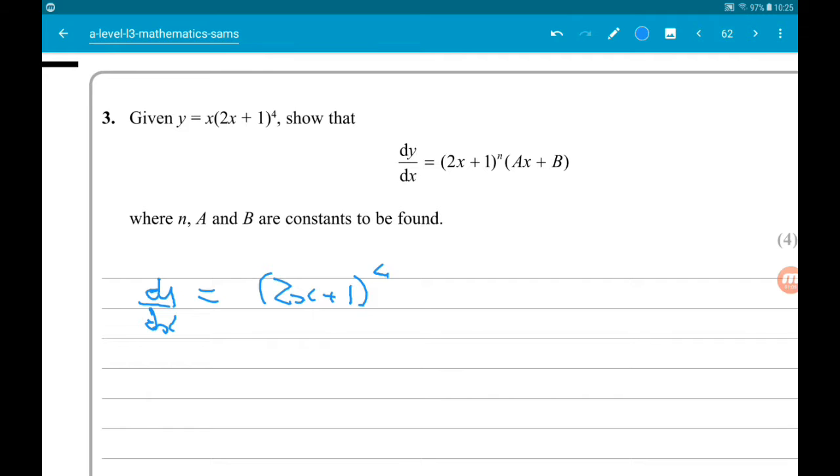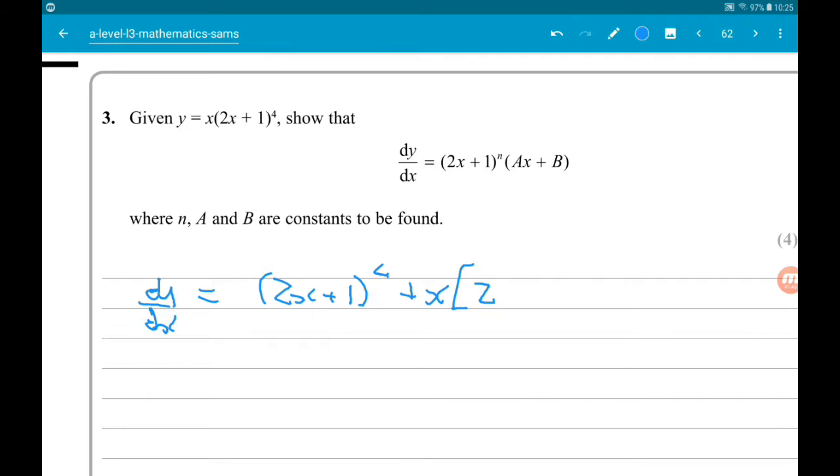Okay, now we're going to differentiate 2x add 1 to the power 4 and not x. So we're going to get add x. Now when we differentiate 2x add 1 to the power 4, we differentiate 2x add 1, which is 2. So we're going to get a 2 out of the front. And then we differentiate the bracket. So the power of 4 comes down.